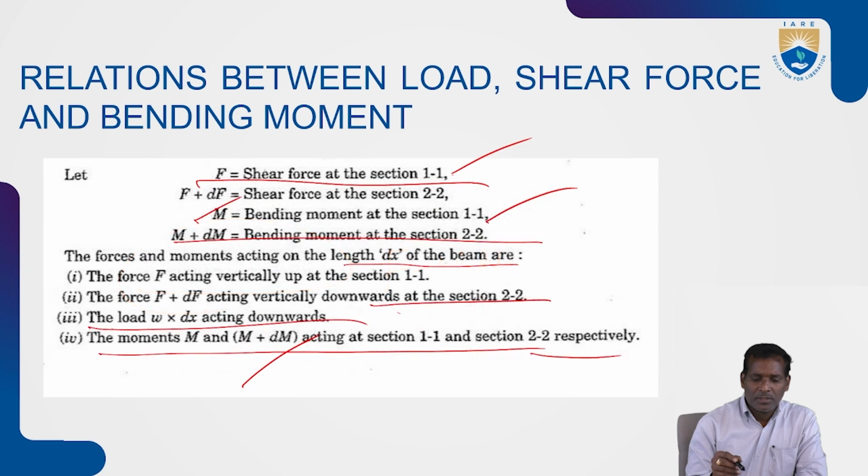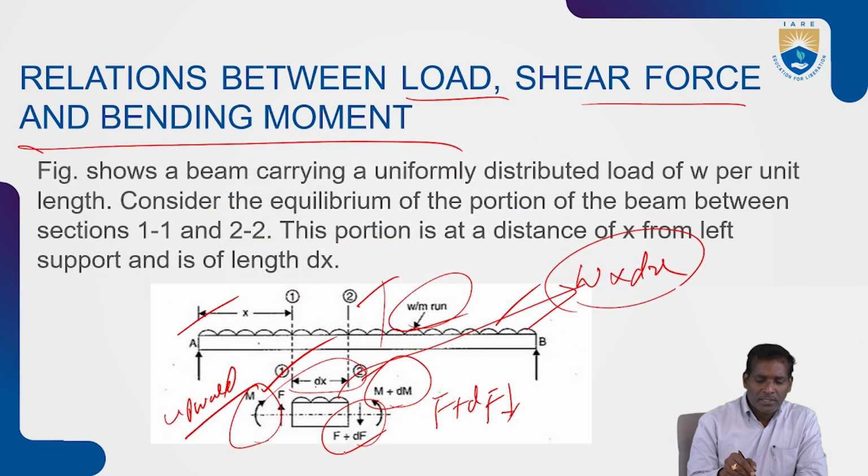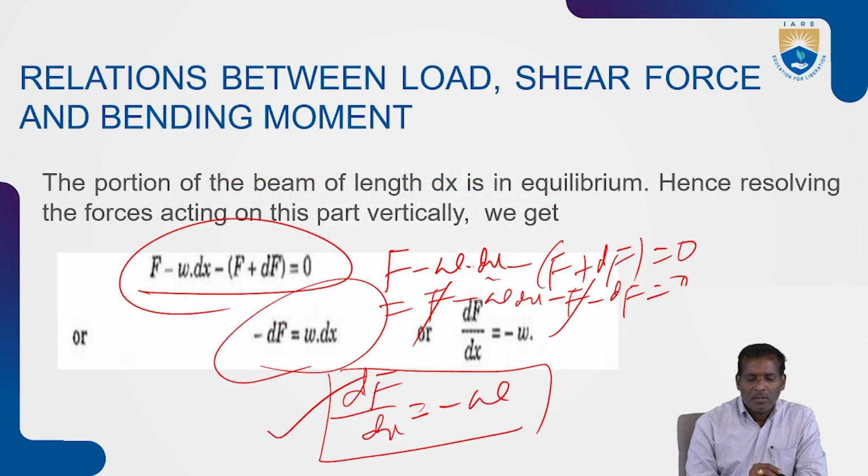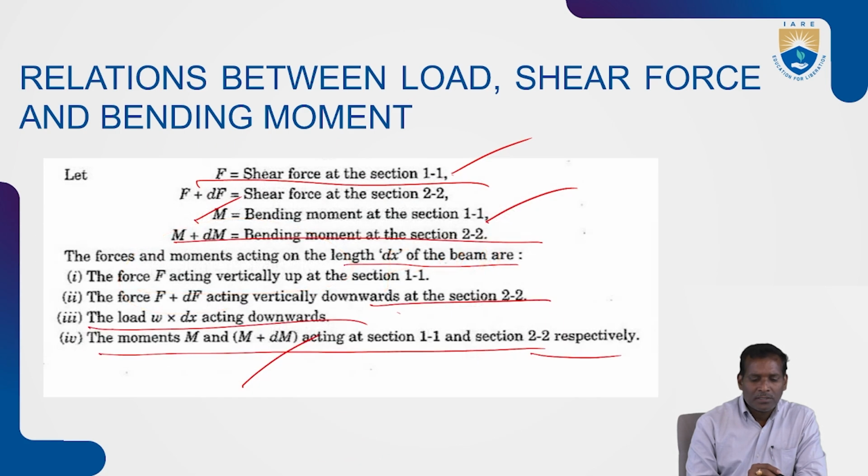So now in this you have to take section 2. Clear? At section 2, you know F plus dF is the shear force at the section 2. M plus dM is the bending moment at the section 2. Clear? The F plus dF force acting vertically downwards at the section 2, and the F is acting vertically up at the section 1.